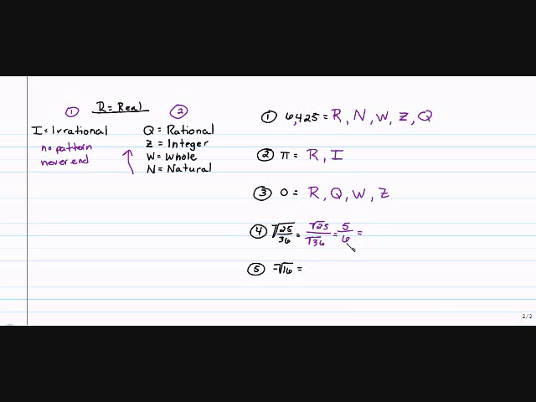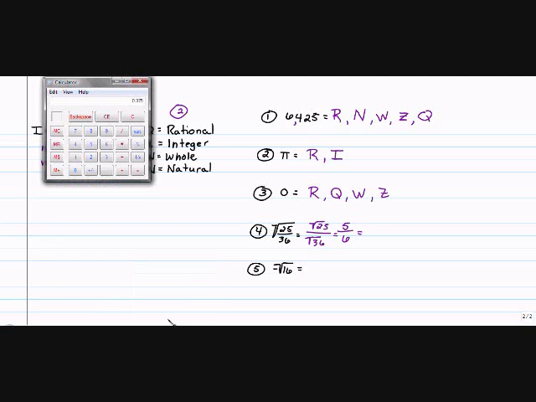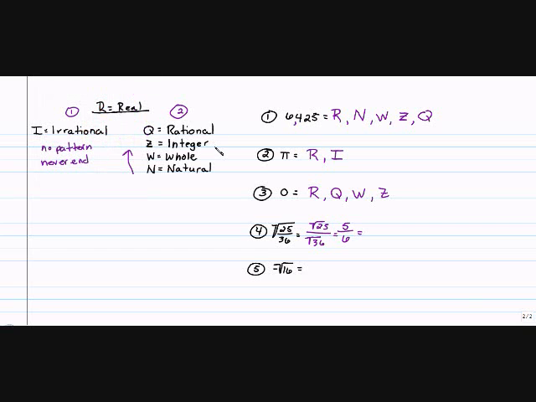And I have the answer 5/6. If I were to calculate 5 divided by 6 on the calculator, notice the 3, 3, 3, 3, 3, that is a pattern. So that would fall under group number 2 as rational numbers.